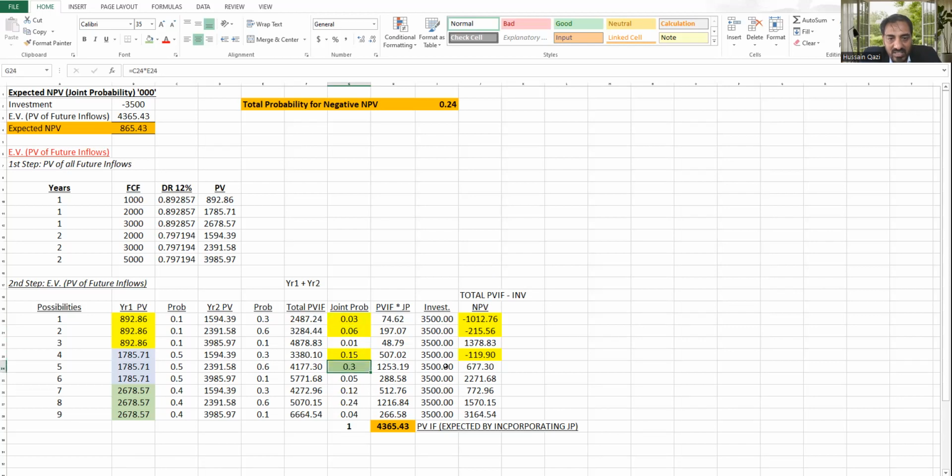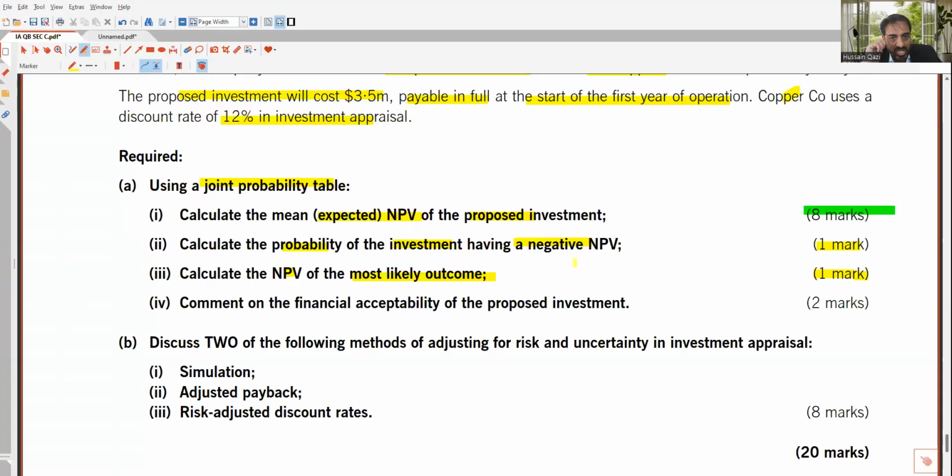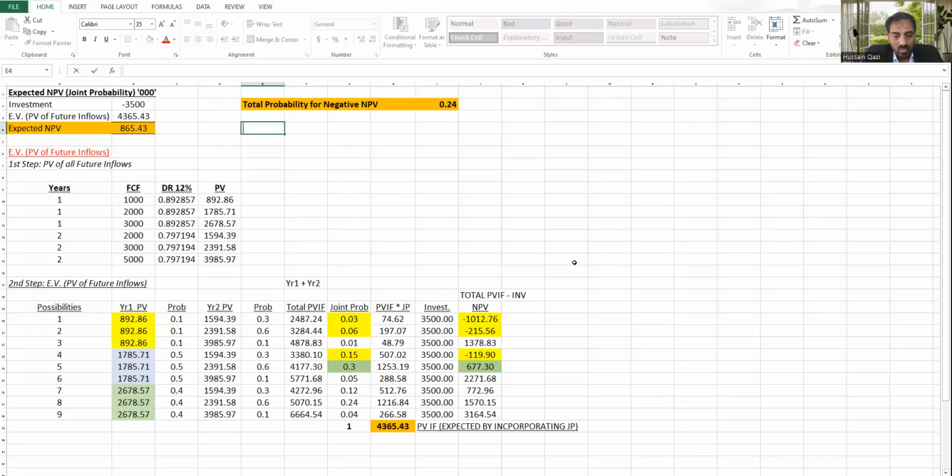The highest probability is 30%, with 677. So what is the question about? Most likely, that is 30% and the NPV becomes 677.3. This is what the question is about.